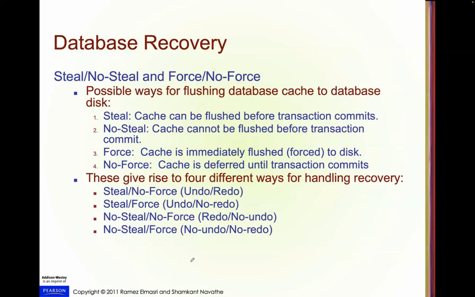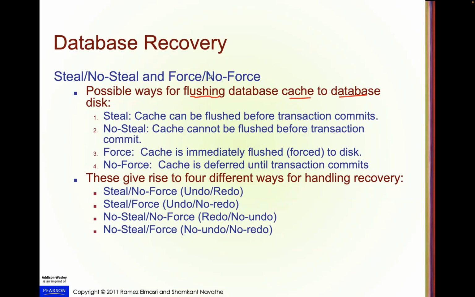Now let us see what we mean by steal, no steal, and force and no force techniques. Steal and no steal, force and no force, they tell us the way how the database state or modified data items need to be written from the buffer to the disk, or you can say from the cache to the database disk.